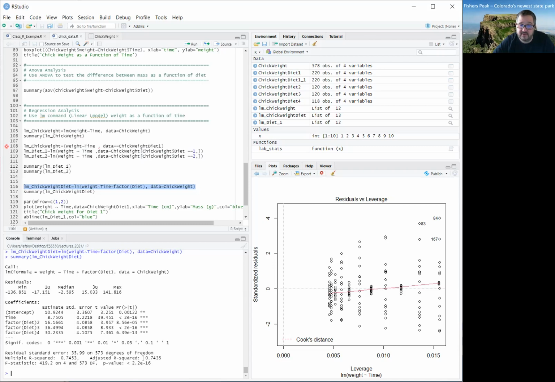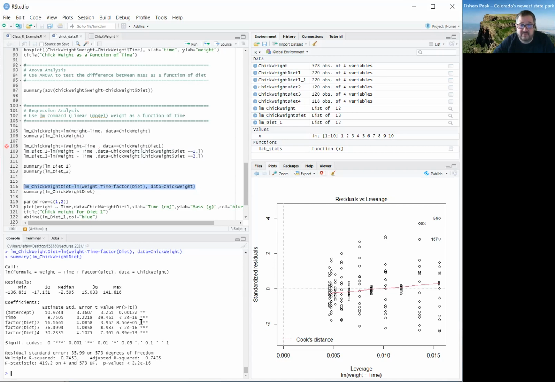That's the fraction of variance being explained, adjusted for the number of variables that you're using. And let's look at the coefficients here, and what we find are that, I'm sorry.